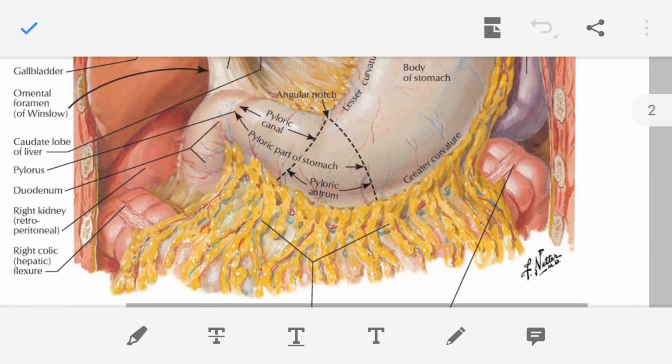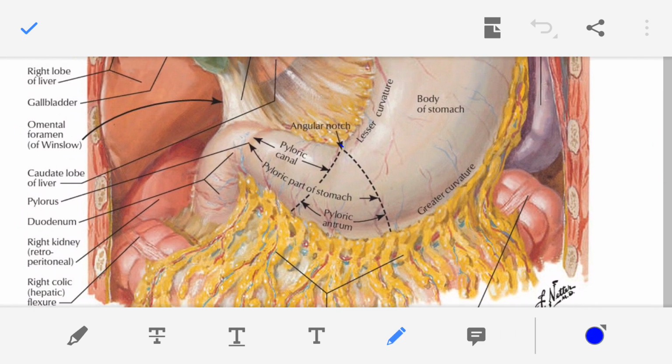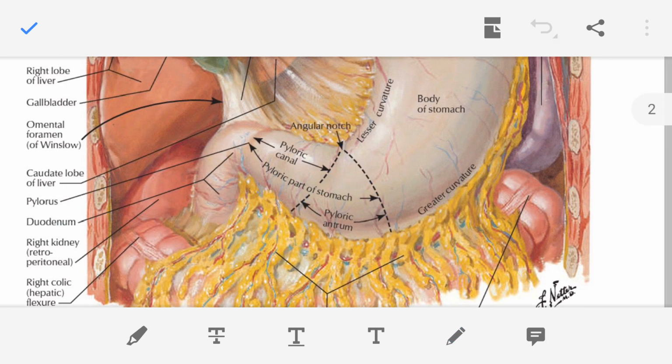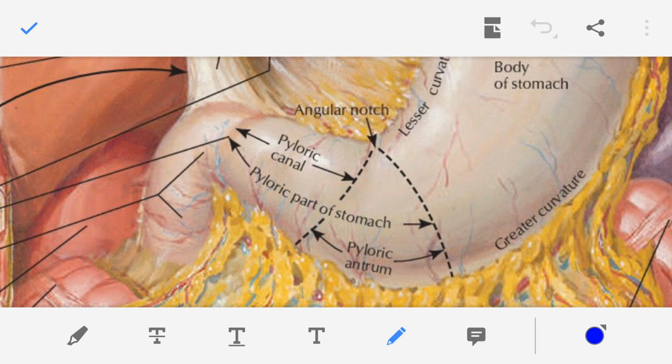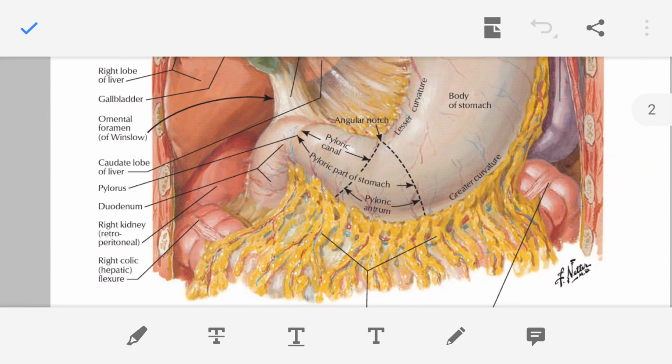So in the figure I am showing you, for example, this part is the pyloric antrum, and as you can see, up to here, this part is the pyloric canal. So the pyloric antrum is connecting with the pyloric canal.